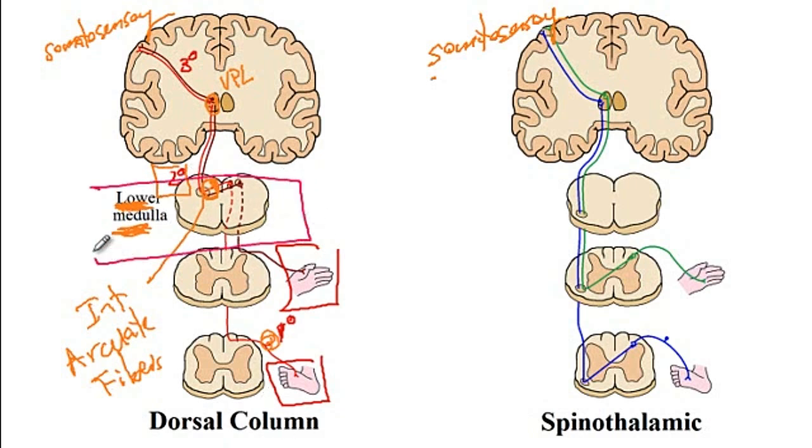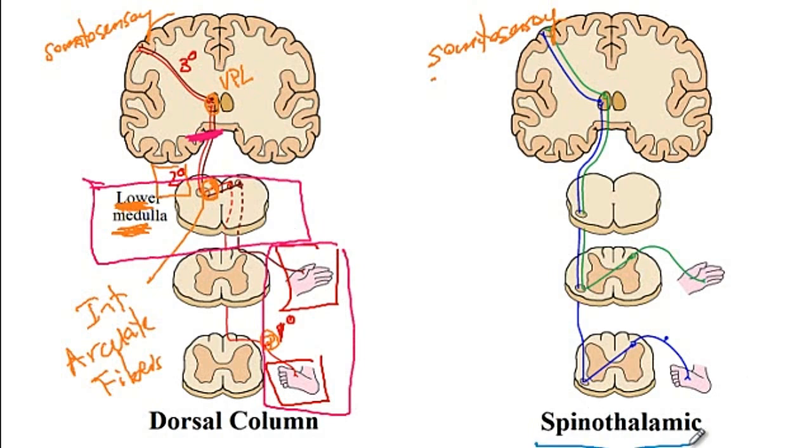And since the decussation was at the level of lower medulla, any lesion that happens below the medulla will have ipsilateral loss of vibration, pressure, and fine touch, while lesions that are above the level of medulla, since there is already decussation and the nerves have gone to the other side, then there would be a contralateral loss of these functions. So for instance, if you have a lesion right here, which is on the right side of the brain, then the patient will present with the symptoms on the left side of the body.